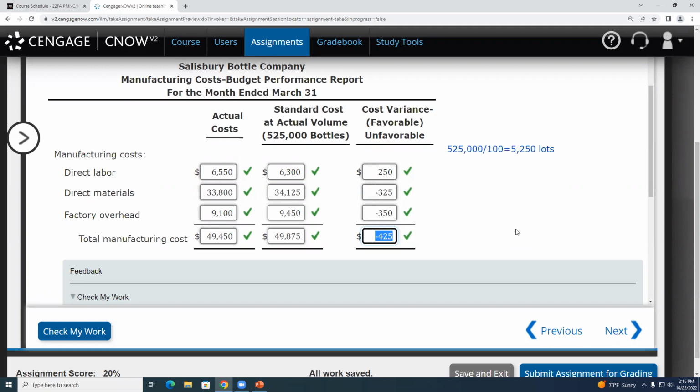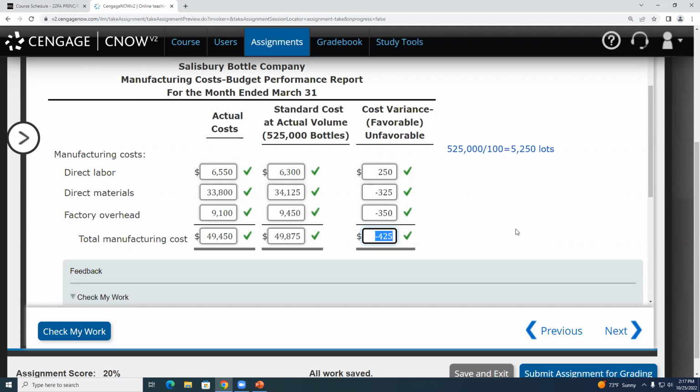So let's look at that one. Or they may look at each one of these categories and say, we want to look into each one of these further. They might have a requirement that unless you're within 0.5%, we're going to investigate. I don't know. It's up to the company. I can't sit here in class and say they should do this or they ought to do that. It's really up to the company.